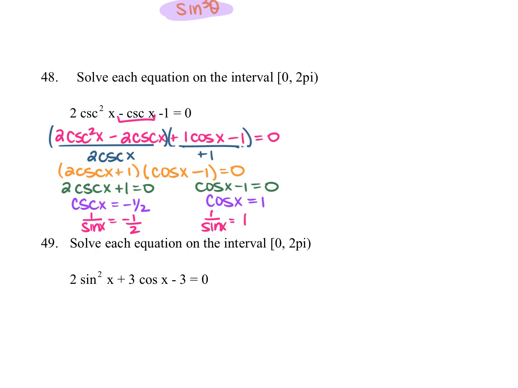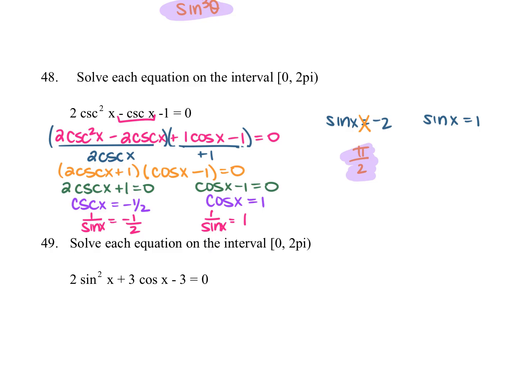We're going to take the reciprocal of both sides to get sine x is equal to negative 2, and sine x is equal to 1. This gives us an answer of pi over 2, because sine x cannot equal negative 2. So the only thing that we look at on our unit circle is sine being 1, so our y value is 1, which gives us pi over 2.